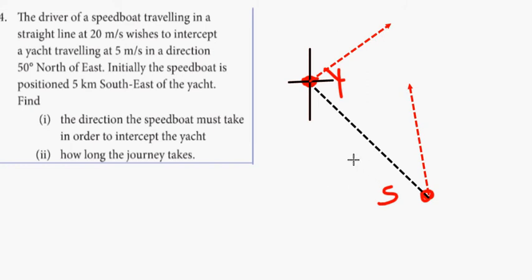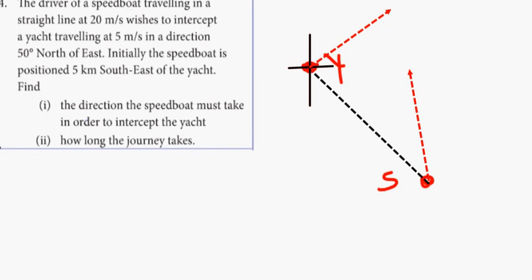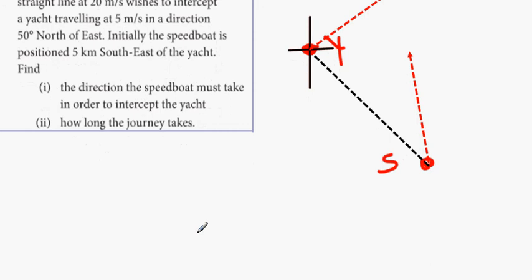So what we can do here is make a list of what we have. We're going to hold the yacht stationary, and get the velocity of the speedboat relative to the yacht.